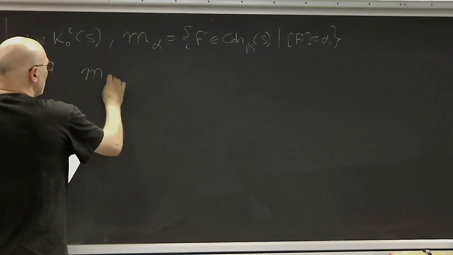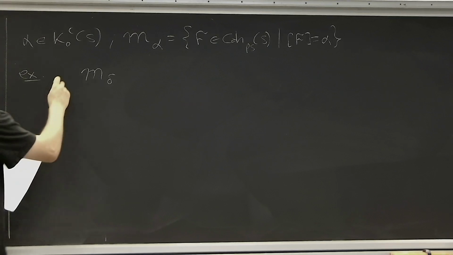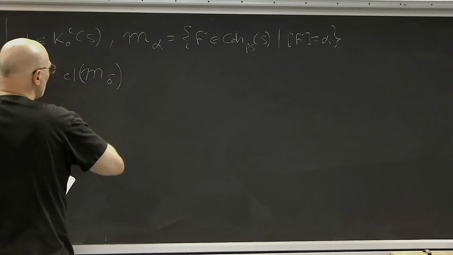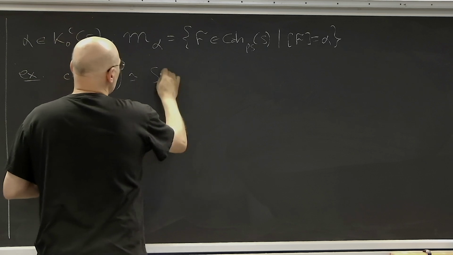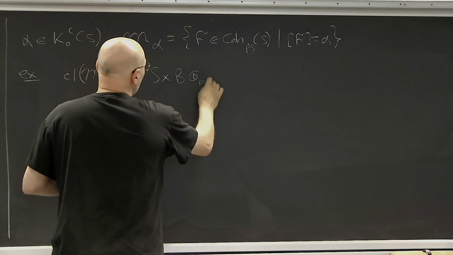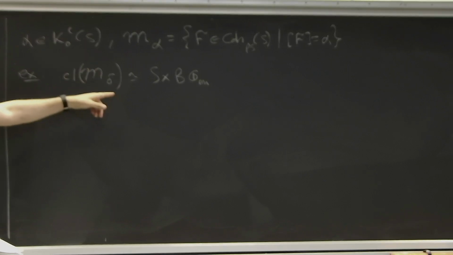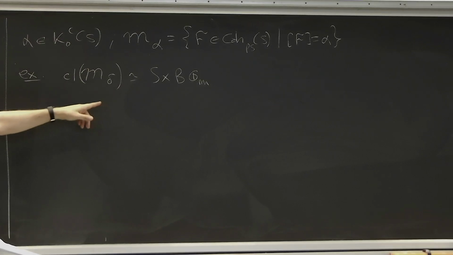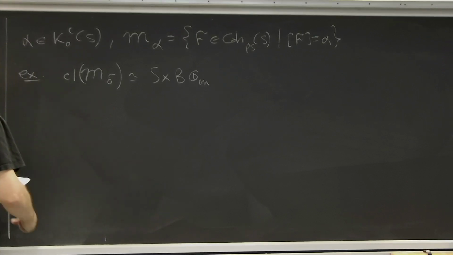Let's look at M delta. And so these are derived stacks. So let me just tell you about the classical truncation of M delta. This is isomorphic to S cross BGm because, well, a length 1 sheaf on the surface is just a skyscraper sheaf at a point, structure sheaf of a point, and then there's a group of automorphism.